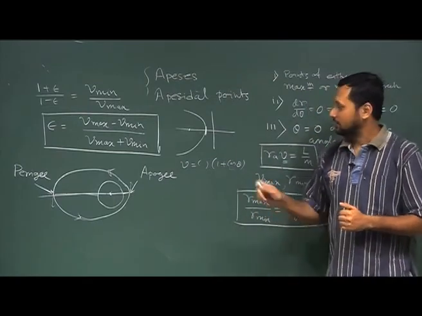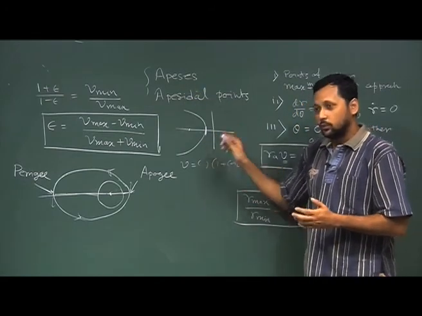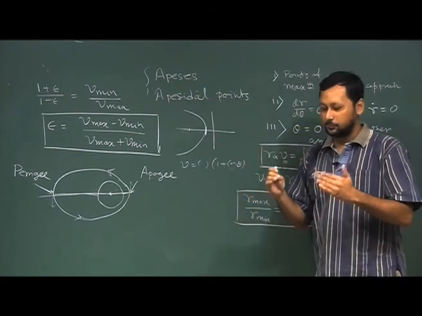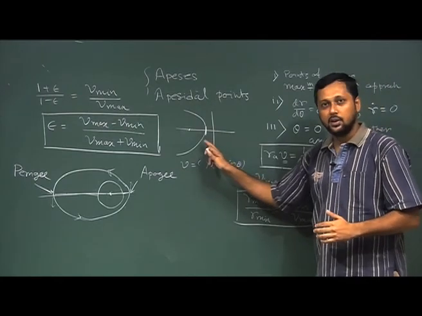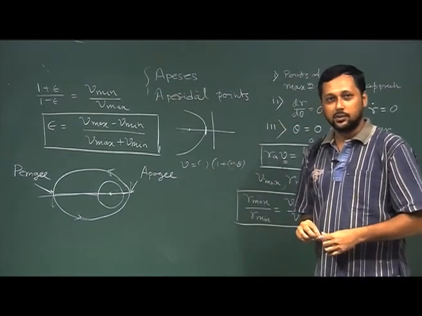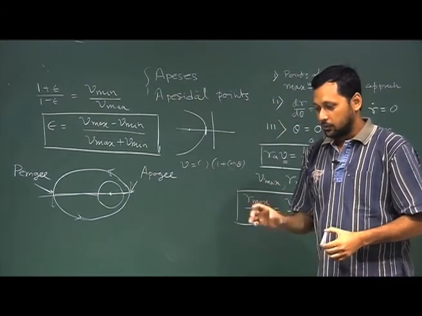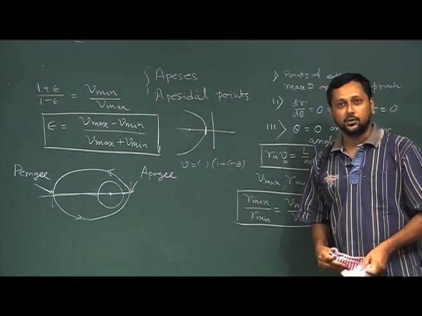That essentially means the lowest energy escape velocity path possible is a parabolic orbit with 0 total energy. We will discuss all this in a little more detail later, but for now we will stop here, and in the next class we will start doing some problems on this. Thank you.